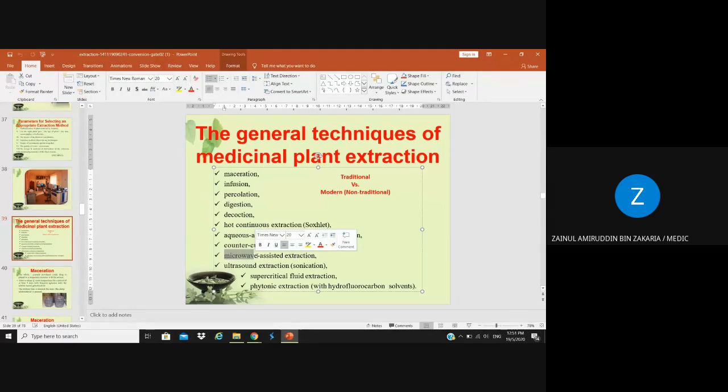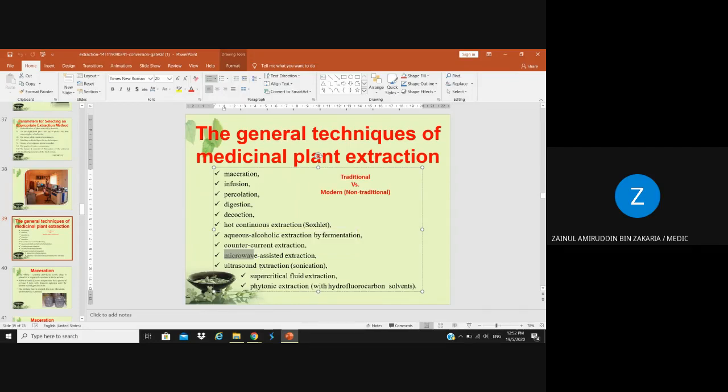So when this extract is given to an animal that has diabetes, for example, because the active site is open, it binds to the respective receptor, and it prevents diabetes from occurring. Okay, it stimulates the part that produces insulin to keep on producing insulin until the blood glucose level reduces. Okay, that is one example lah.